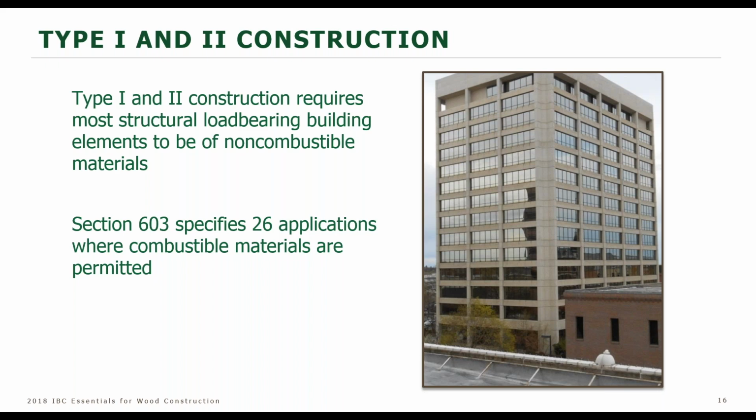May not be rated. Type 2B, for instance, is non-rated, but it is all non-combustible. Very important is that section 603 has a list of 26 applications where combustible materials such as wood are permitted in even types 1 and 2 construction.